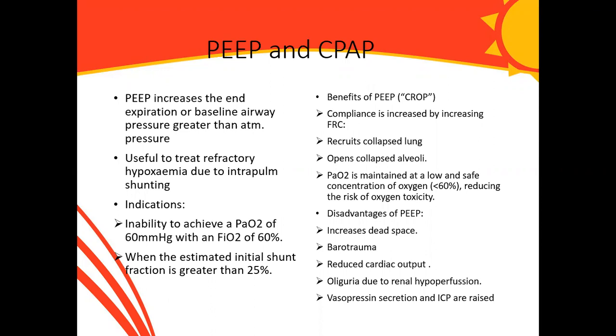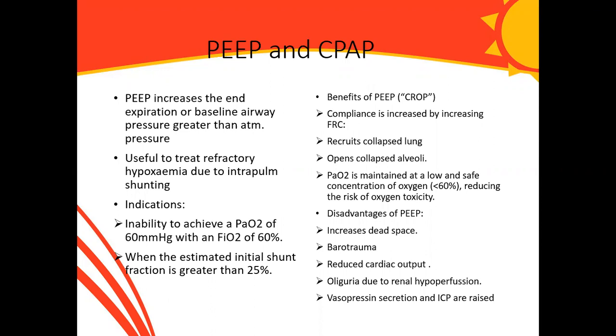It's indicated when it's impossible to achieve a PaO2 of 60 millimeters of mercury with an FiO2 of 60%. If you are at an FiO2 of 60% and your PaO2 is less than 60, you need to increase your PEEP, or where the estimated initial shunt fraction is greater than 25%.